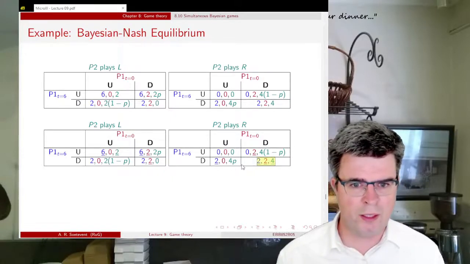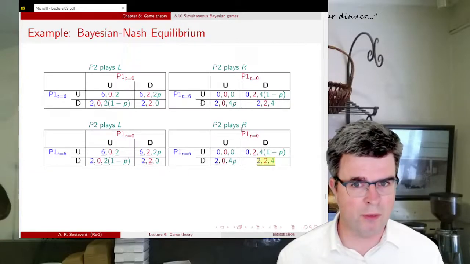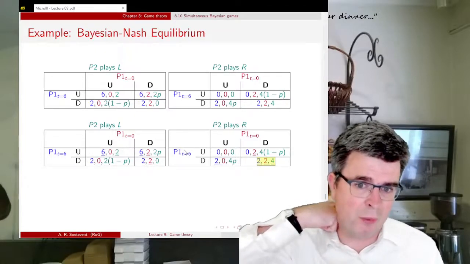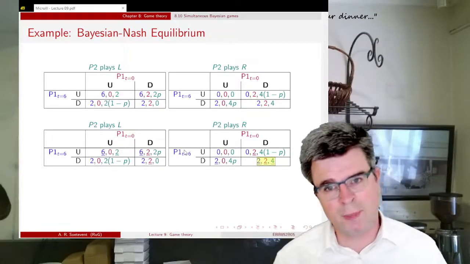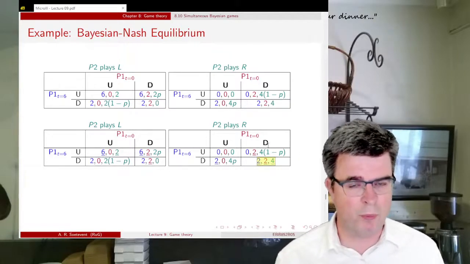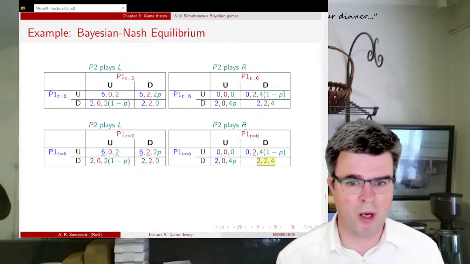So the combination of strategies where player 1 will play down, always, independent of his type, and player 2 will play right, that is an equilibrium. However, this is not a mixed strategy Bayesian-Nash equilibrium because player 1 will not mix. He chooses D always, and also player 2 will not mix. He plays R always.